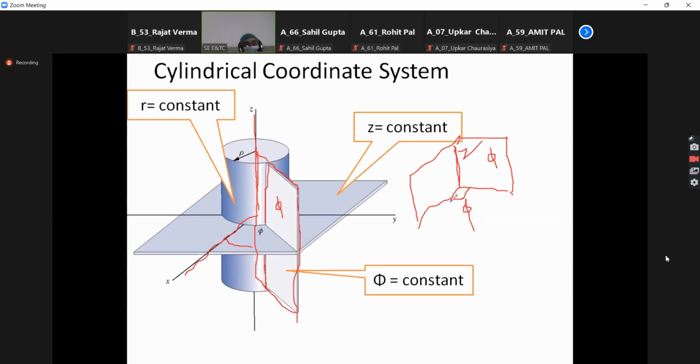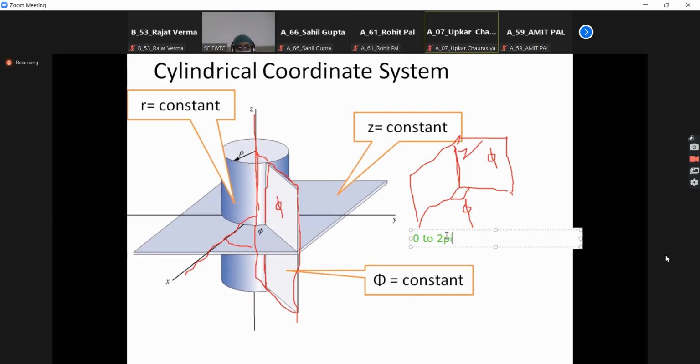So how much will it rotate? Okay, so what will be the range of phi? What will be the minimum value of phi? That will be 0. So when these two planes coincide, the angle is 0. Okay, and then it will move. It will rotate fully like this over the z axis. So what will be its range? The range of phi will be 0 to 2 pi. That will be my range. So it is 0 when these two planes coincide, and 2 pi when they coincide at the back. They will coincide at the back too.